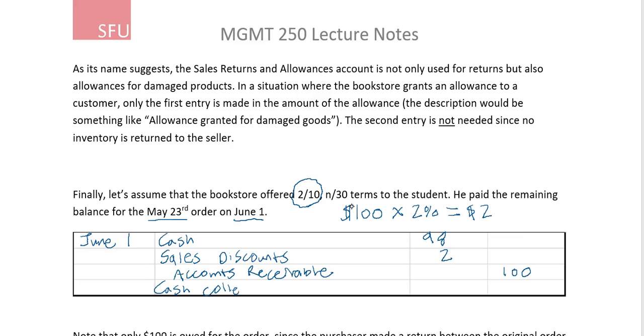Cash collection within discount period. And I'm going to write down the calculation so everybody who looks at it can follow. 100 times 2%. That's your discount.